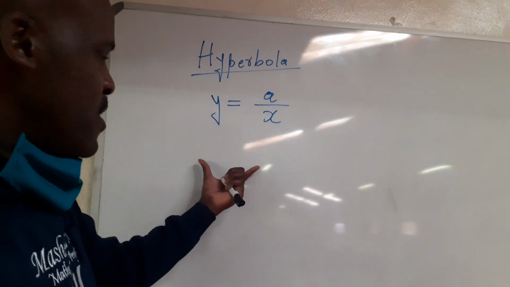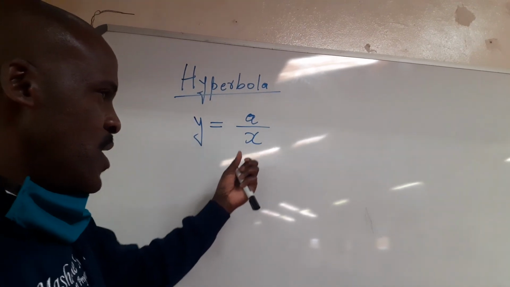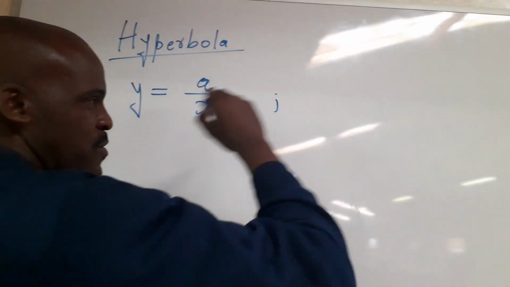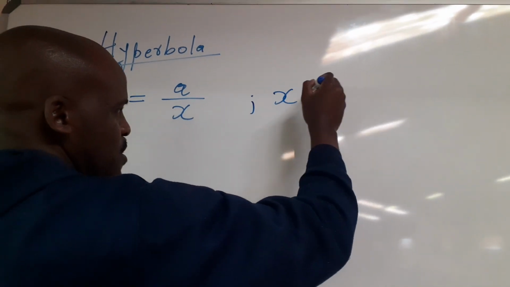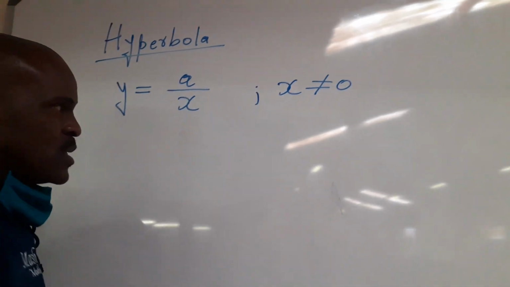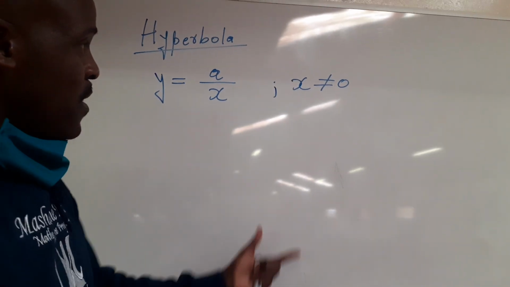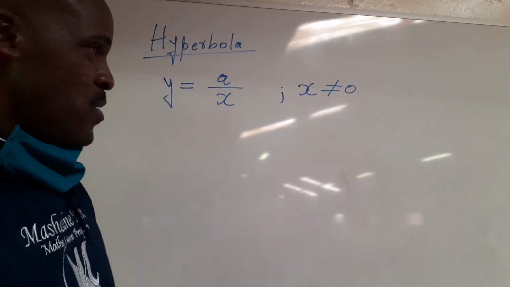That's a hyperbolic function, so our x is a denominator. So obviously, if x is a denominator, x must not be equal to 0. That's the domain for this function. X must not be equal to 0.